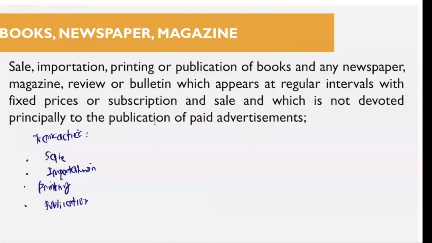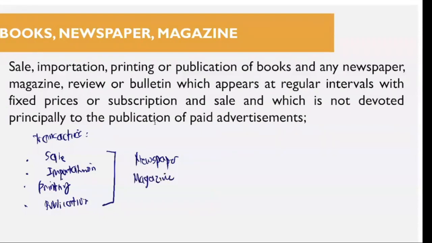Now, what are exempt as to the sale, importation, printing, or publication? Either newspaper, if you sell newspaper, if you import newspaper, if you print newspaper, if you publish newspaper. So the seller, the importer, or the printer or publisher of a newspaper is exempt. Another, magazine.